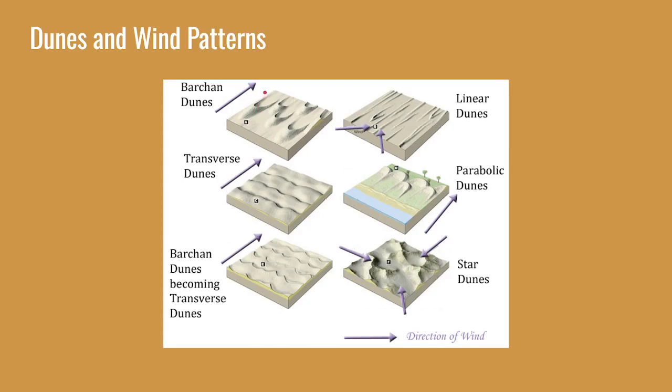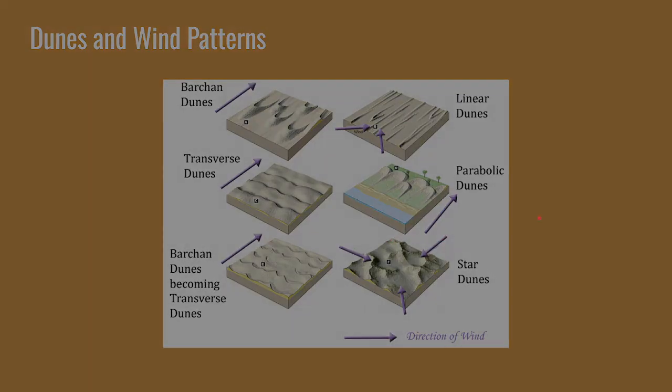The shape doesn't quite matter as much. The one example where this is not the case is star dunes, and these are formed when you have a variety of prevailing wind directions. So they don't have as clear of a windward and leeward side.